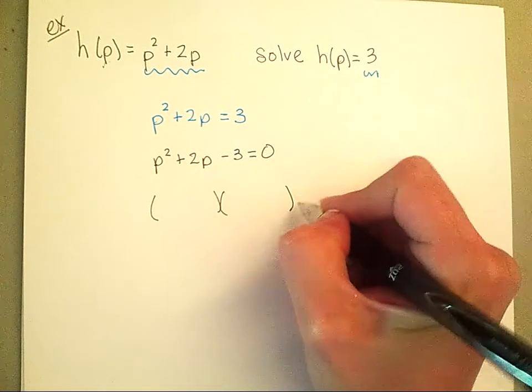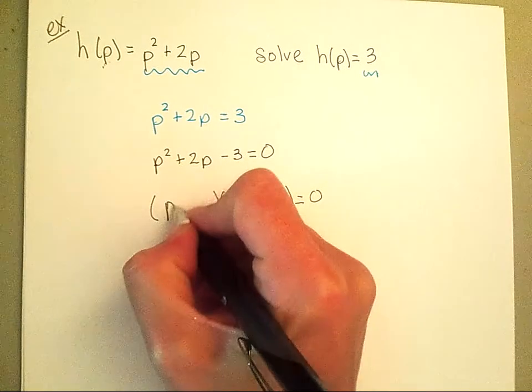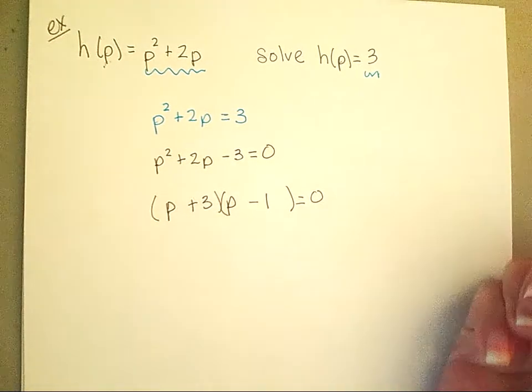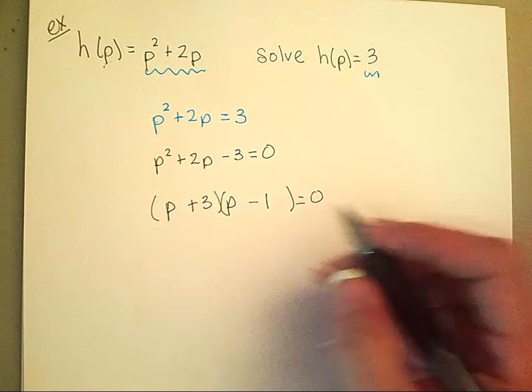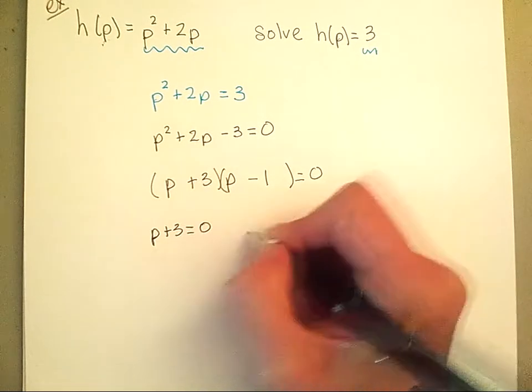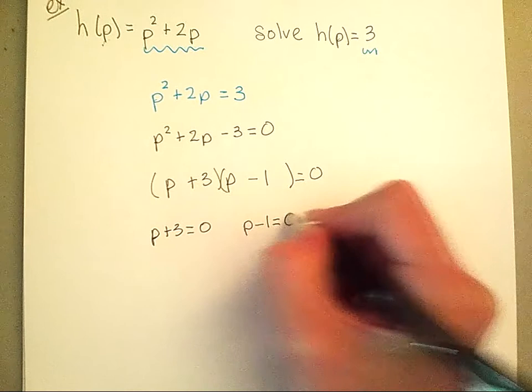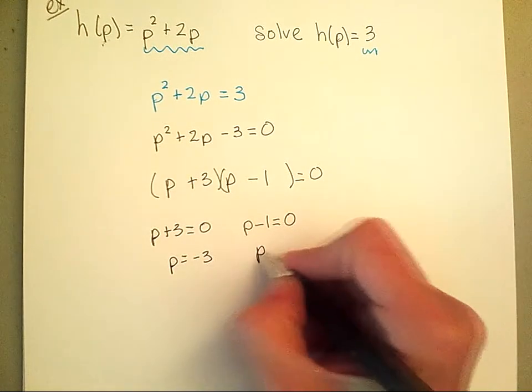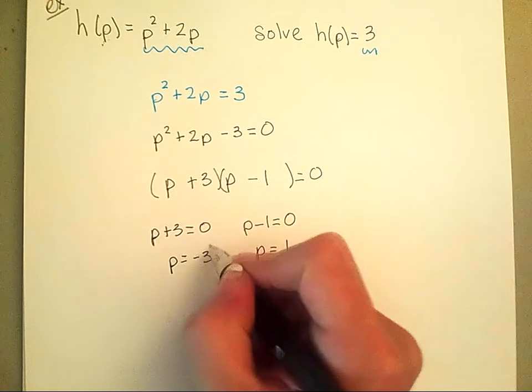This will factor. We need p plus 3 and p minus 1. Then using the zero product property, it's either that p plus 3 equals 0 or p minus 1 equals 0. So p is equal to negative 3 or p is equal to positive 1.